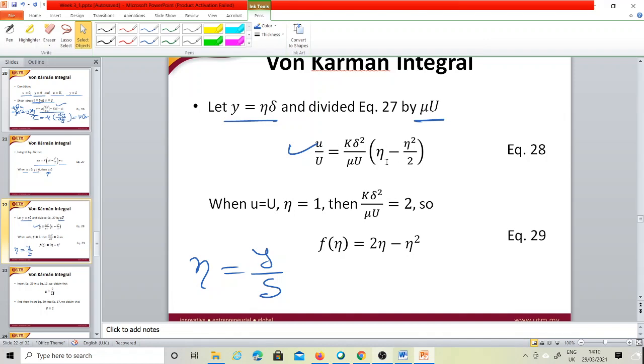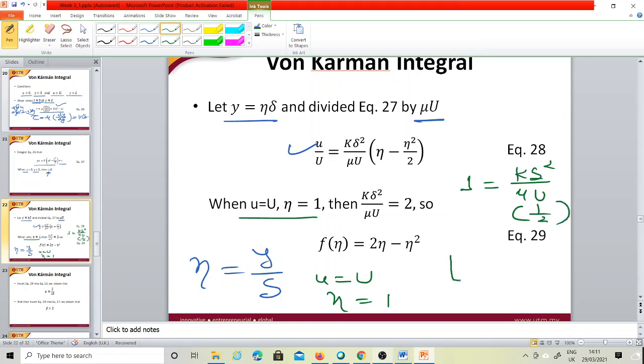Now you have this one ready. Now you just change the expression to this boundary condition. When your small u becomes capital U, your y will become delta, right? So your eta will be 1. So just put the value. If eta is 1, u is equal to capital U, so 1 is equal to k delta square over mu U multiplied by eta equal to 1, and this one minus this one is half, so there is a half.